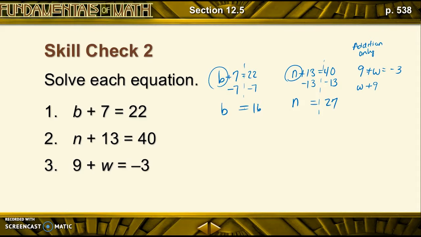We're adding these two numbers, 9 plus w, our commutative property says I can flip them around and it's the same thing. So we could flip it around if that makes you more comfortable. So I'm getting 9 by itself, subtracting 9 from each side. Now, on this one, we have a negative 3 minus 9, which is the same thing as negative 3 plus negative 9. We end up with w equals negative 12.